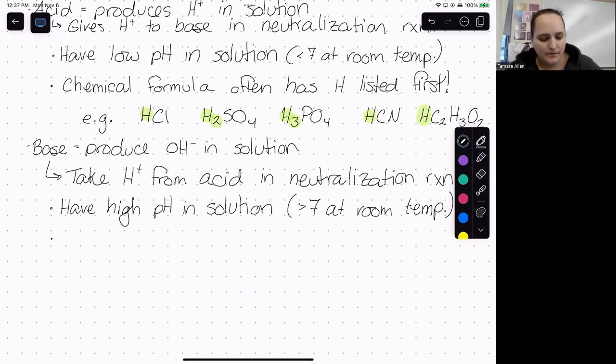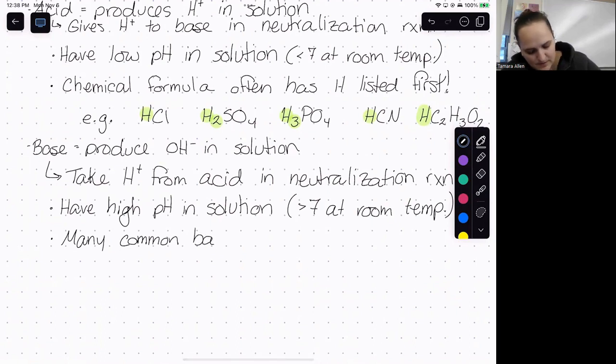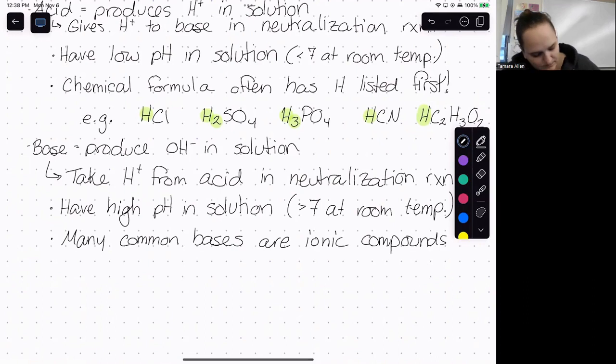Ionic compounds involving hydroxide, when they dissolve in solution, produce hydroxide in solution, which is pretty straightforward. So many common bases are ionic compounds containing hydroxide ions.